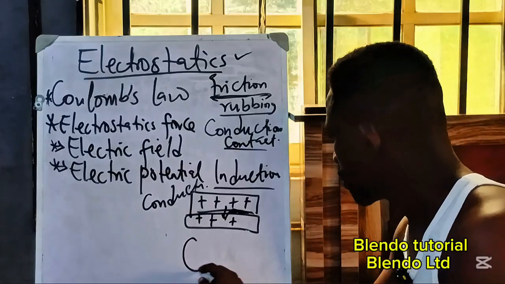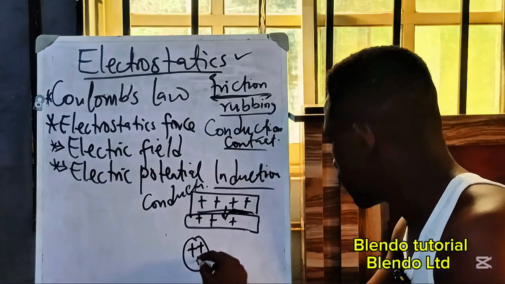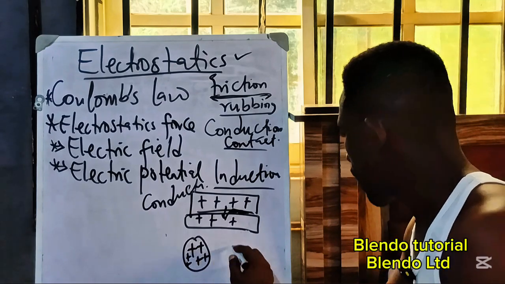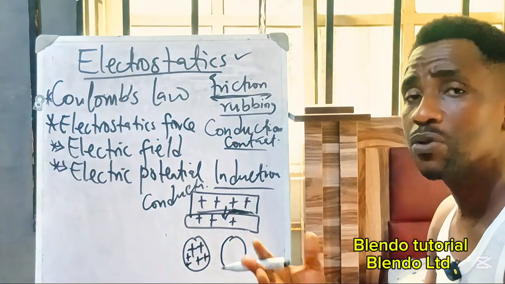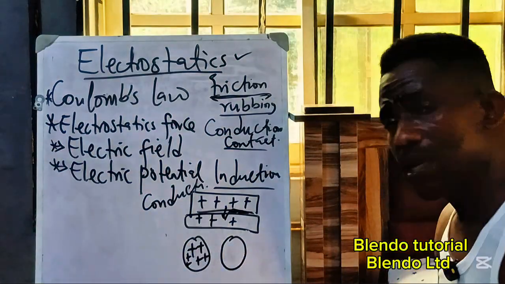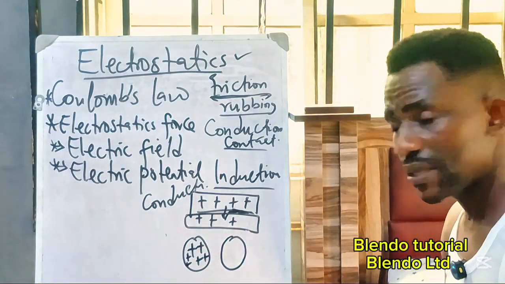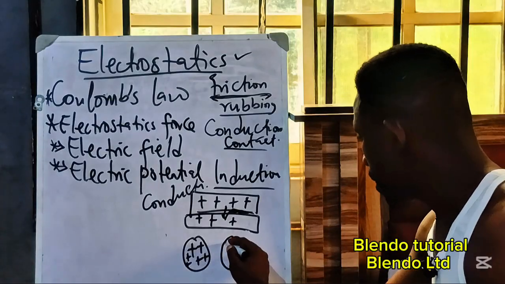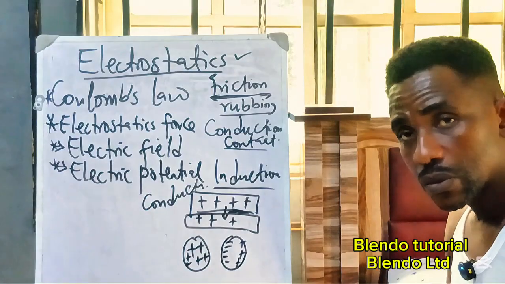Then by induction, if this is positive, positive, positive, you bring it near an uncharged material, a body that you want to charge. What happens is that this is a neutral atom, and positive charge repels positive charge. So the positive charge here will be repelled and stay at the back, while negative charges will be aligned because it will attract them.